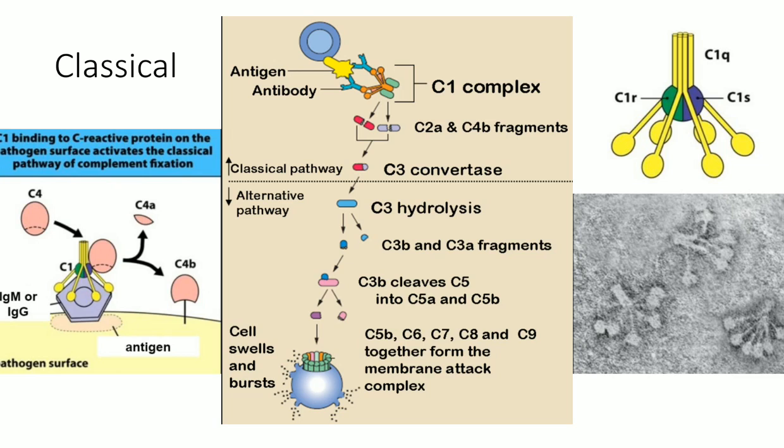Which complement is activated first? In the classical pathway, C1 is activated first. In C1 itself you have 3 subunits, C1Q, C1R and C1S. You can see the microscopic picture of C1.